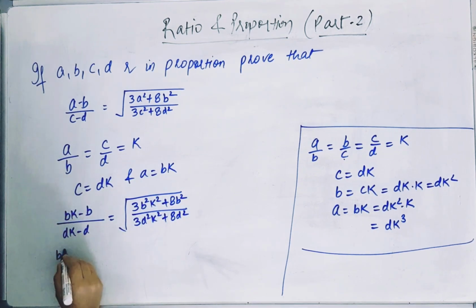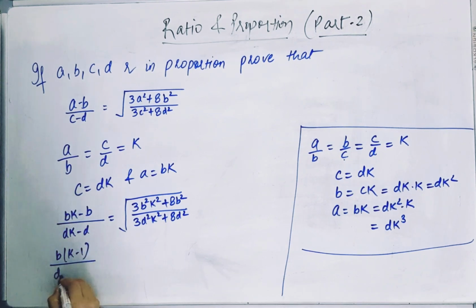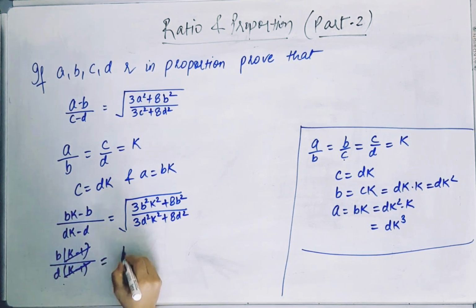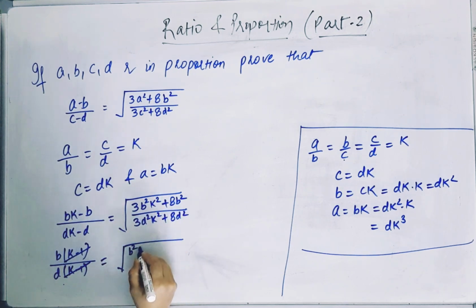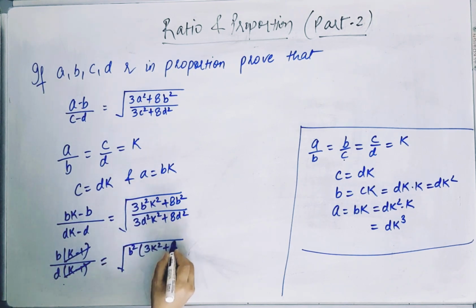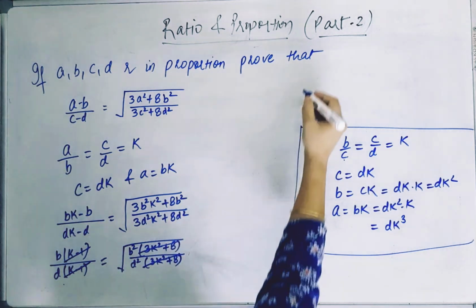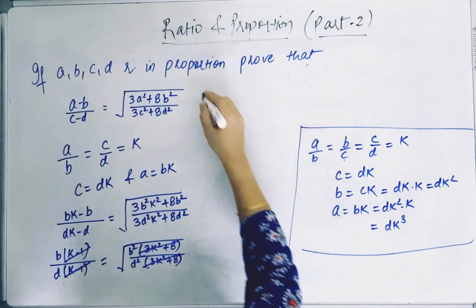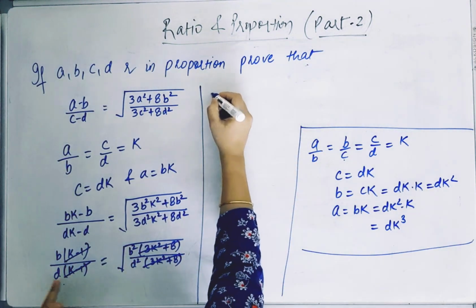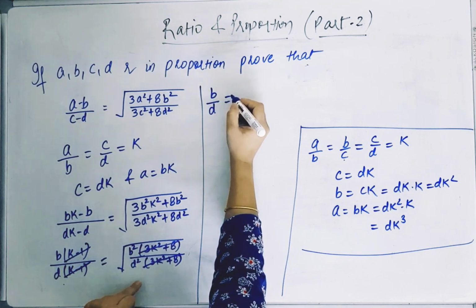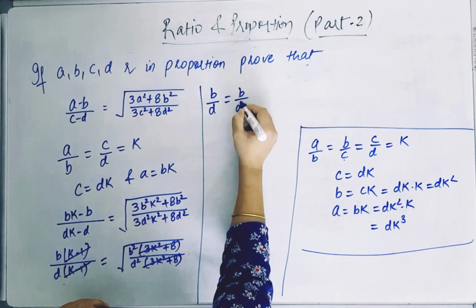Taking b common from here will get k minus 1 upon d, यहाँ से कॉमन लेंगे तो will get k minus 1. ये यानी k minus 1 कैंसिल हो जाएगा. सिमिलरली यहाँ पर भी b स्क्वायर हम कॉमन लेंगे, so 3k स्क्वायर प्लस 8 अपॉन नीचे d स्क्वायर कॉमन लेंगे, 3k² + 8. So this and this is cancelled. ये स्क्वायर रूट के अंदर है तो it will come to be b/d.